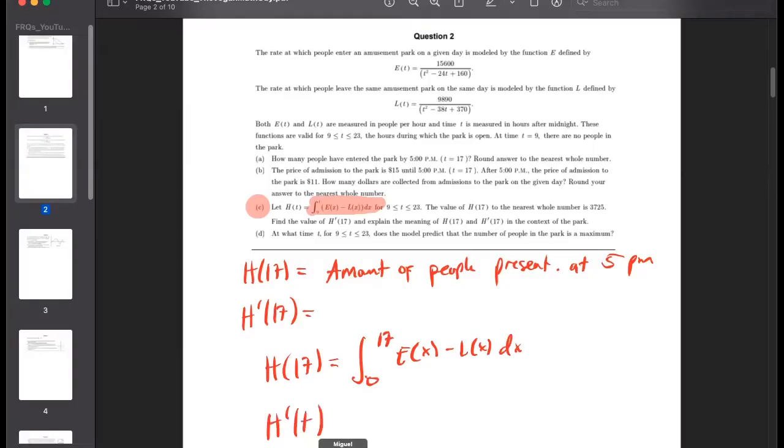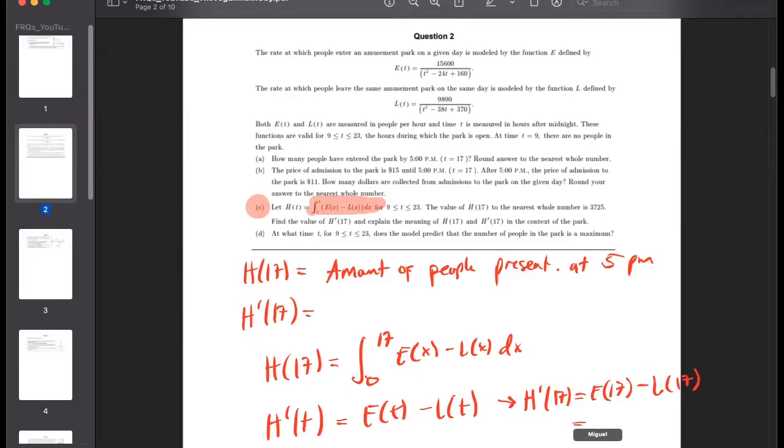But what they want us to interpret is H prime of 17. What they want us to do here is use the second fundamental theorem of calculus, and H prime of t is just going to represent E of t minus L of t. So then H prime of 17 is equal to E of 17 minus L of 17. We're going to use our calculator to plug those values in, and we get that this is negative 380.281.